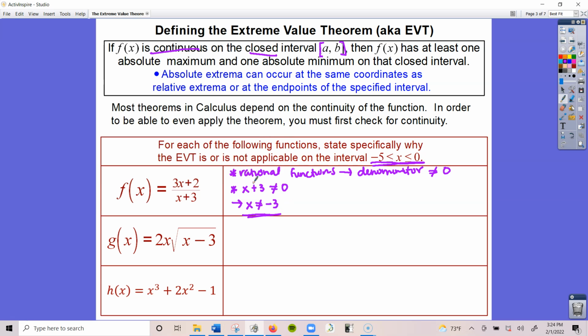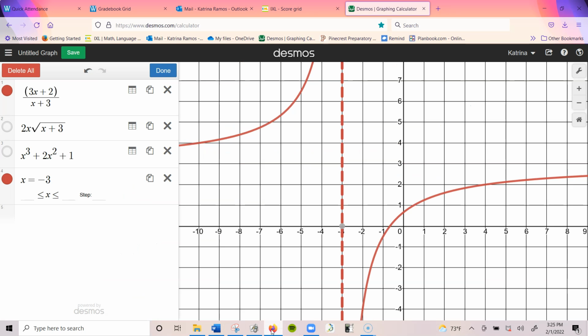Therefore, this function is not continuous on that interval. And what I can do here is let me show you the graph. This is the graph of that rational function that we were just talking about. You see how here at x equal to -3, we have that vertical asymptote. So on the interval from -5 to 0, we have this discontinuity.